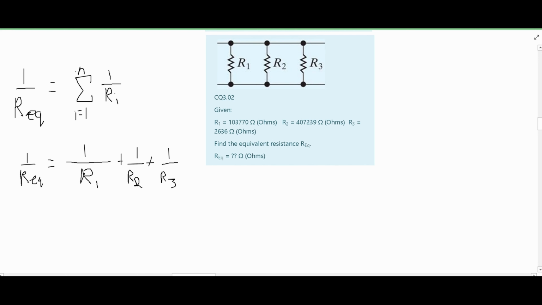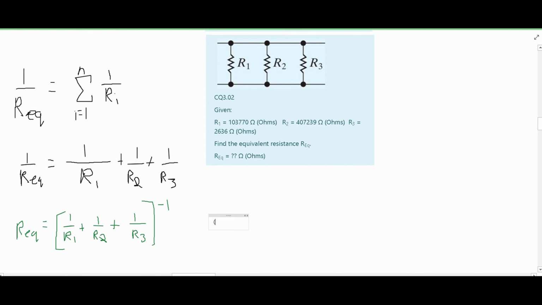I like to rewrite this into a simpler way, so the equivalent formula would be that R equivalent is equal to, with parentheses around everything, 1 over R1 plus 1 over R2 plus 1 over R3. The only difference is that we are going to have this raised to the power of -1 because we are moving this from our R equivalent side. Now that we have this, we can just plug in our values.